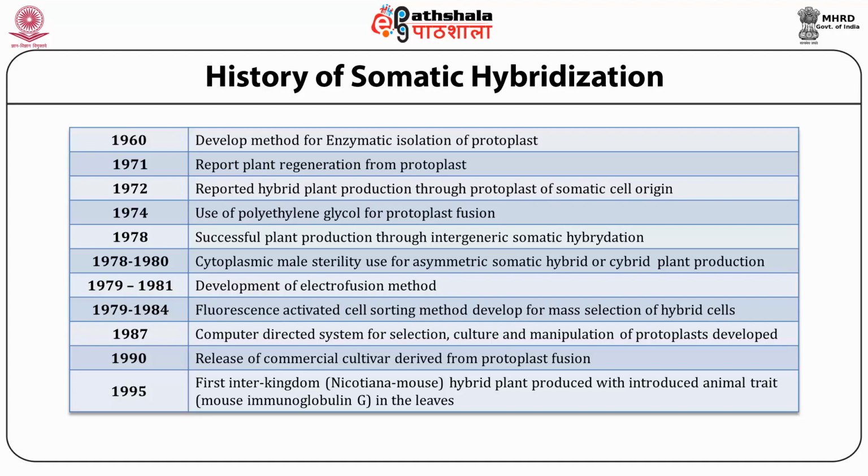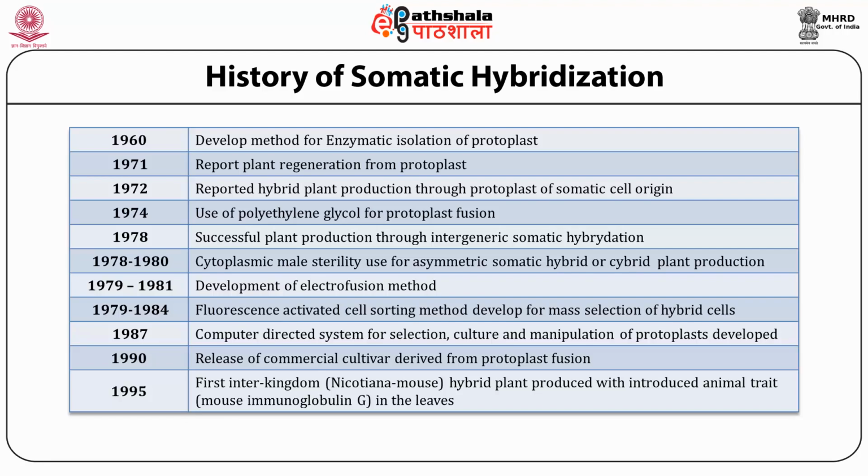And in a way, no practical application was visualized at that stage, so it just remained one of the experiments. Thereafter, it was Cocking in 1960 who developed a method for enzymatic isolation of protoplast. In the following years, in 1971, there was a report of complete plantlet regeneration from protoplast.